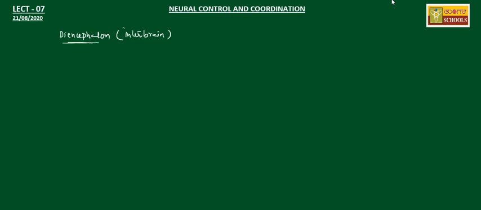The roof of this diencephalon is highly vascularized, which means supplied with a lot of blood.